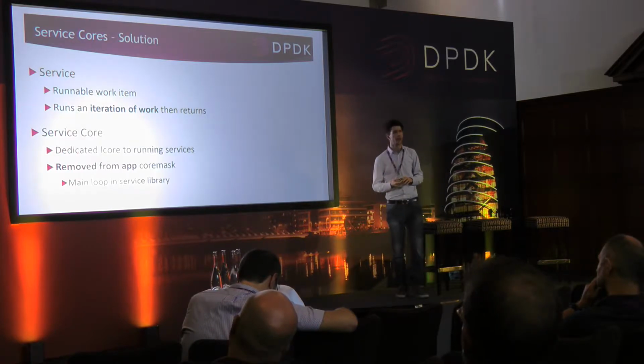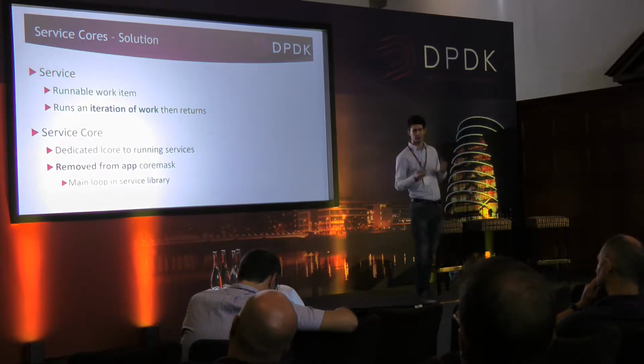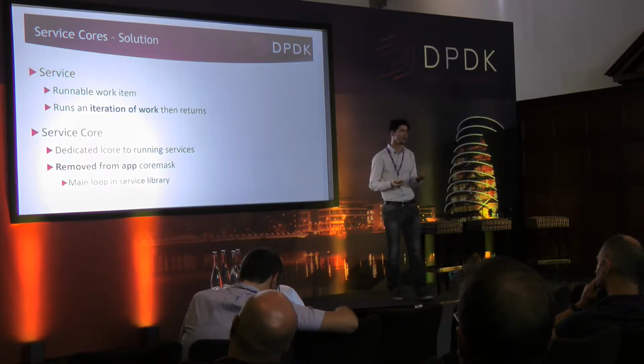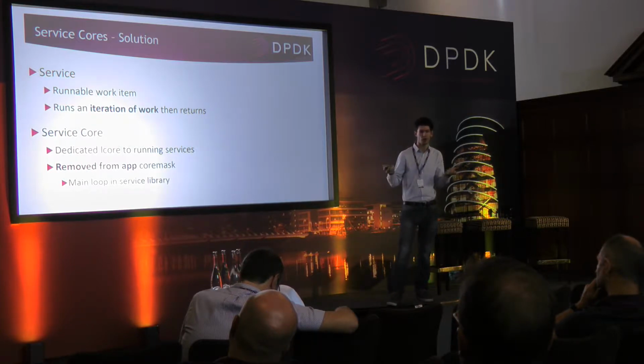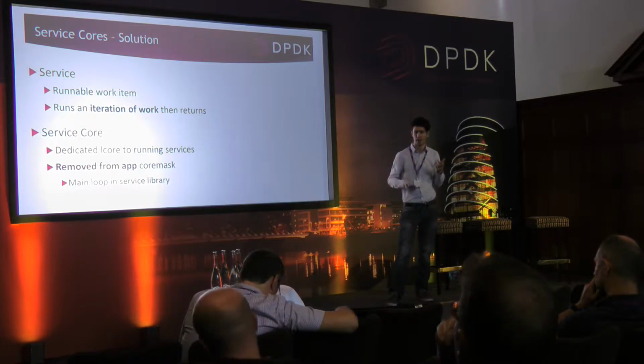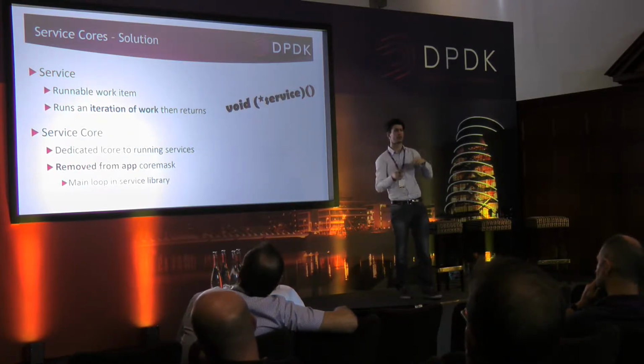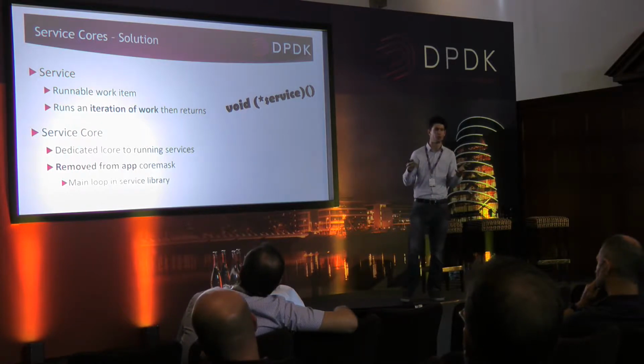When I start talking about the solution, we have two core components or core concepts in the Service Cores Library. Ultimately, there's the service itself. A service is a runnable work item. We can think of it as basically a callback function. It runs an iteration of work. An iteration can pretty much be defined by the particular function being performed.